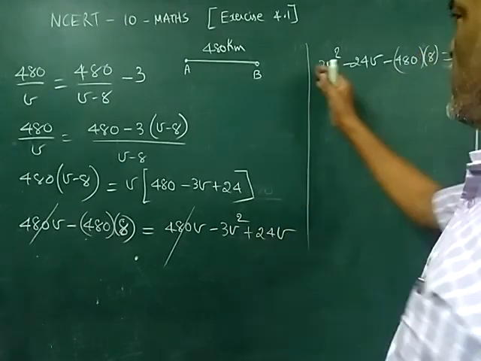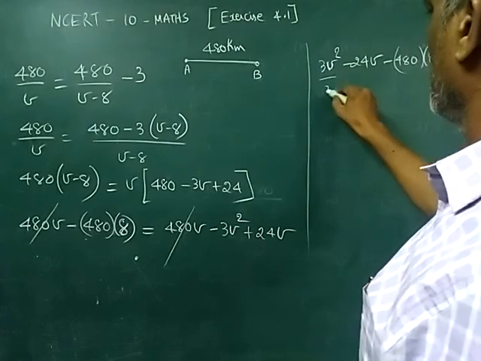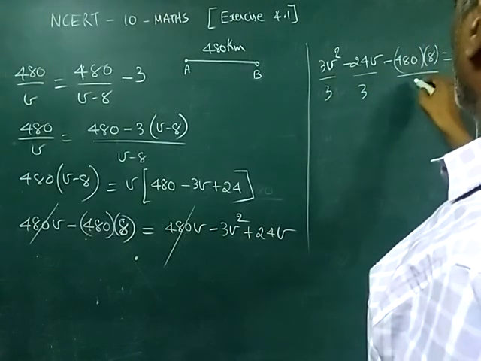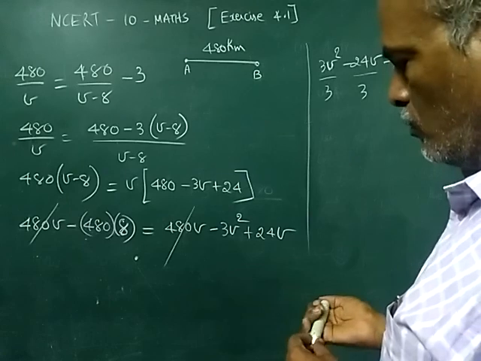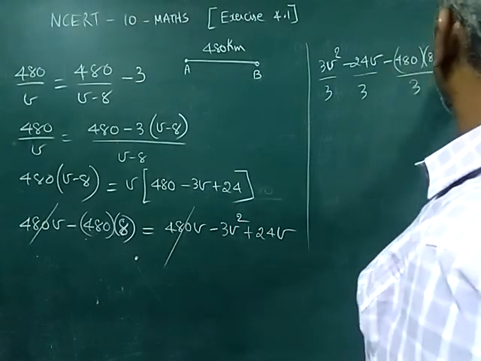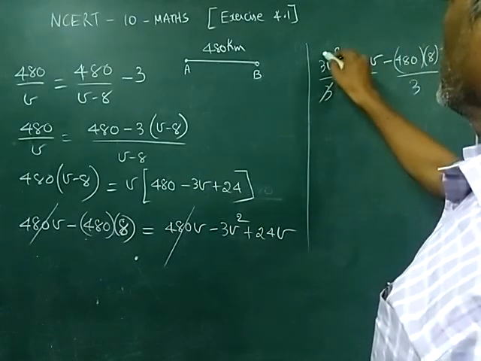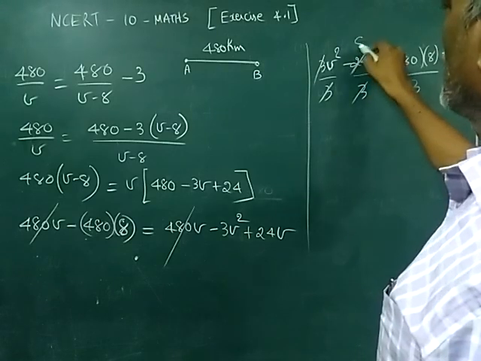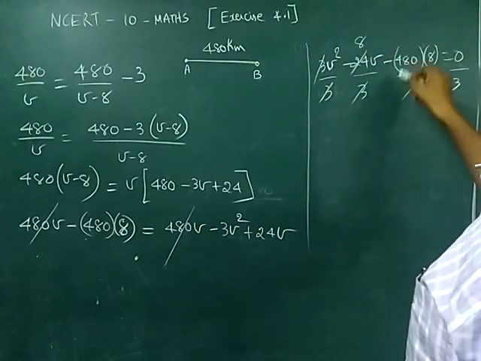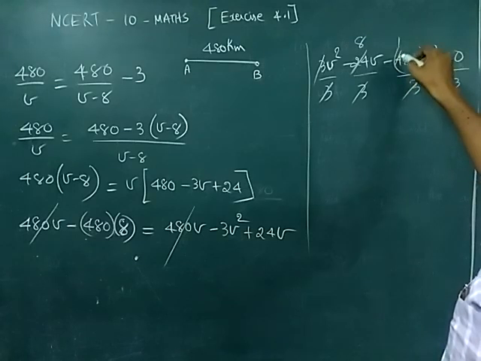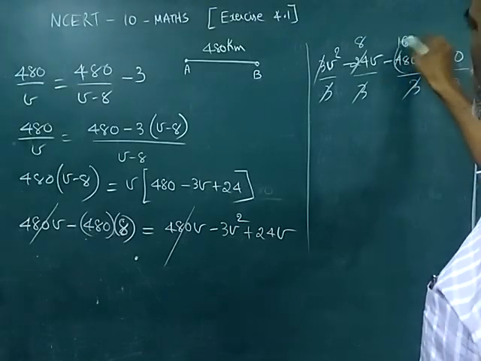Now divide throughout by 3. 3 gets cancelled. 8 3s are 24, 3 1s are 3, 1 6 3s are 18. So you will get like this.